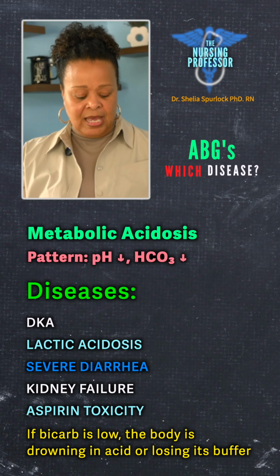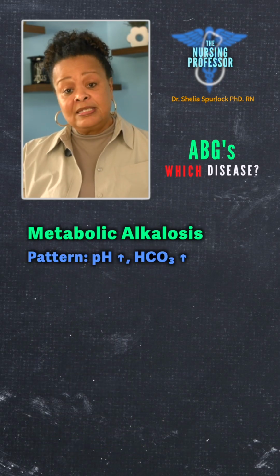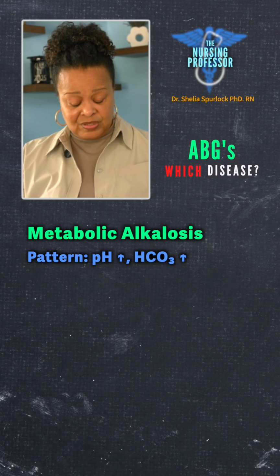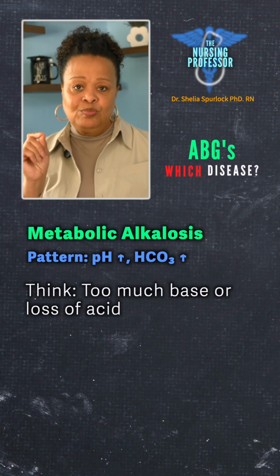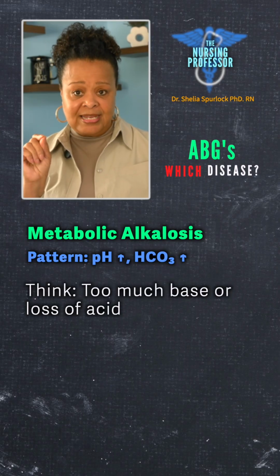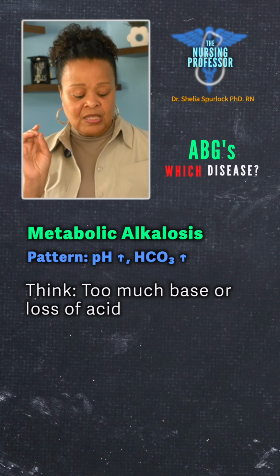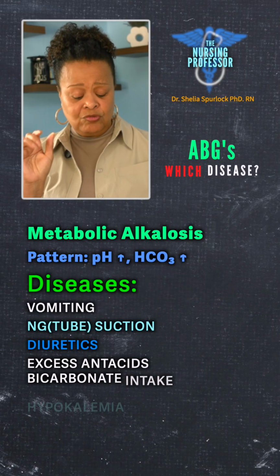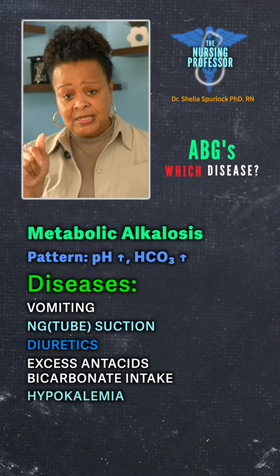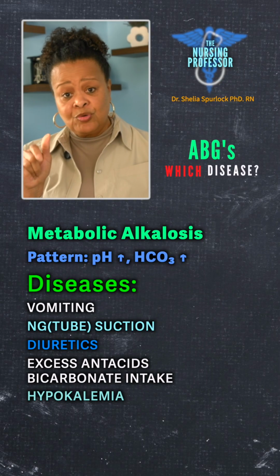All right. And last but not least is metabolic alkalosis. This is when your bicarb is really high and you have too much of a base or acid loss. So think losing acid or gaining base. Common causes include vomiting. That's the most common answer on an NCLEX exam or an exam.